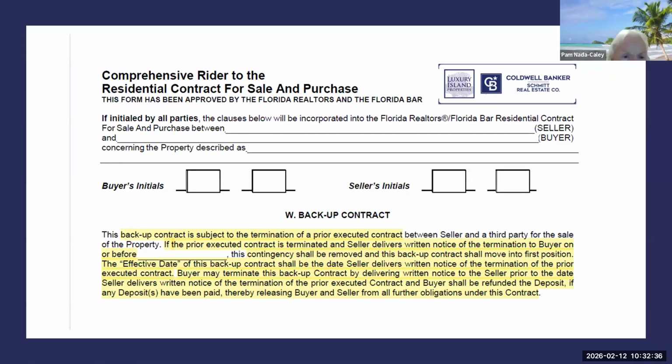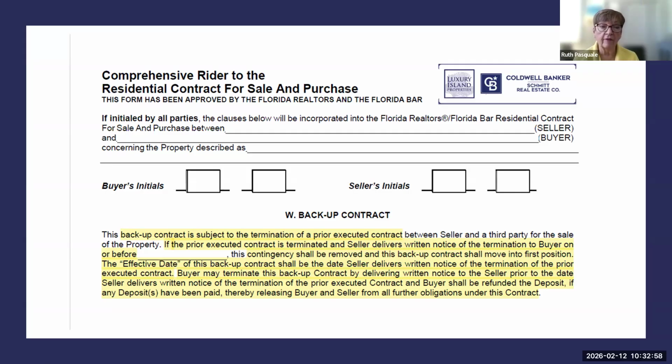It's really the validity of the backup contract. How long is the buyer going to wait to see if they can move into primary position? That's what this date is.